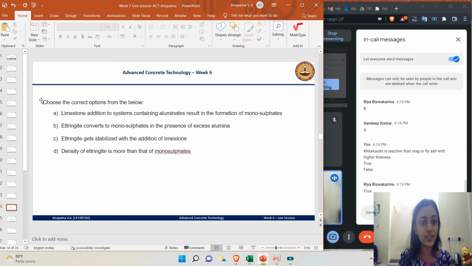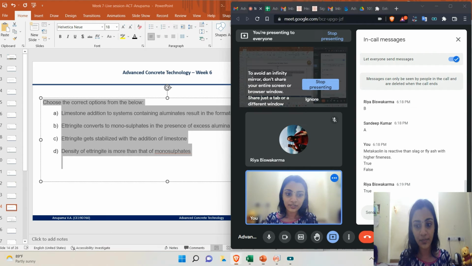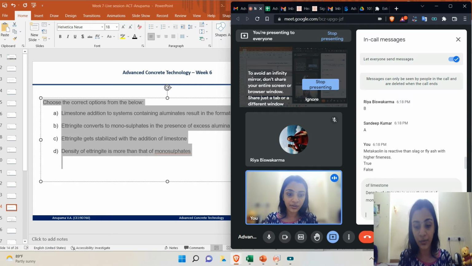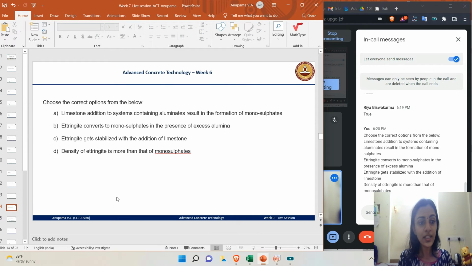Choose the correct options from the below options. It might be just one correct option or more than one correct option. So the options are as follows. Limestone addition to systems containing aluminates results in the formation of monosulfates. That is the first statement.